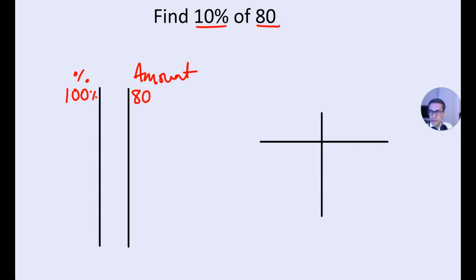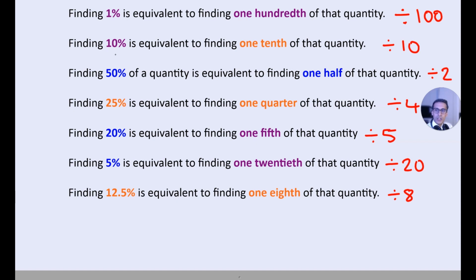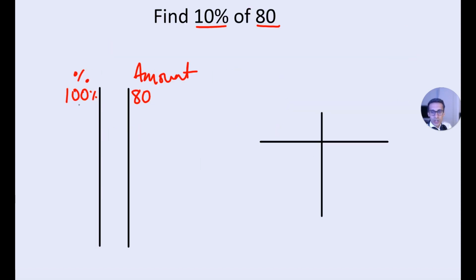Now, from the previous slide, we know that to find 10% is the same as dividing by 10. So if you want to show that on here, we're going to write 10% here. Now, it doesn't have to be exactly to scale. So if I did my 10 down here, if I did it up here, it doesn't really matter, as long as we know roughly that it is looking correct here.